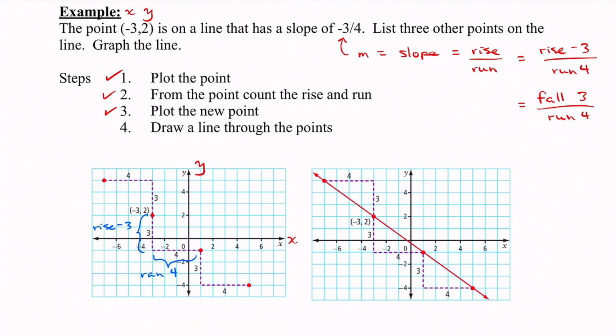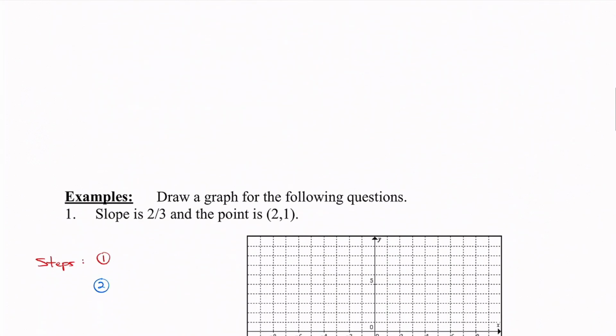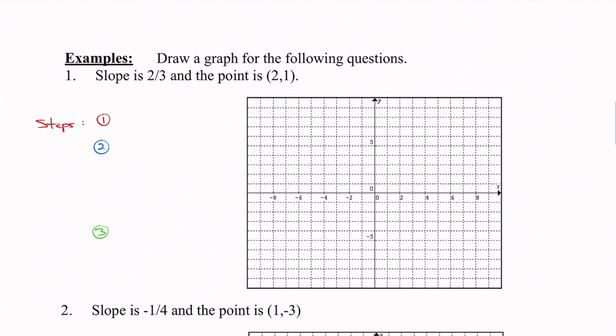So moving from there, we're going to get into some examples now. The first one says draw a graph for the following question. The slope is 2/3. So our slope, which is M, is 2/3. That means we're going to rise 2, and then we're going to run 3.